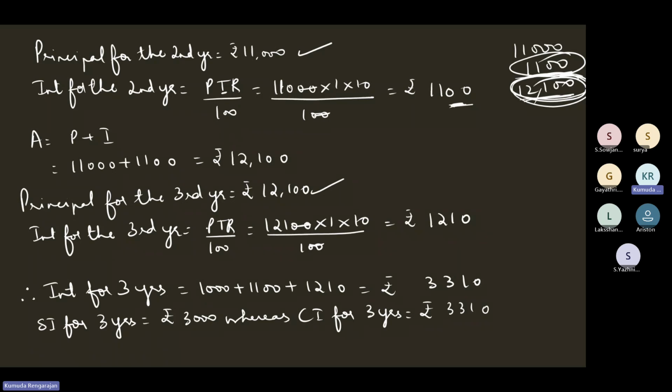Interest for the third year, PTR by 100, principal is 12,100, time is 1 year, because for the third year, for that 1 year, into 10% by 100. So when you work this, you get 1,210. So now let's calculate only the interest values we have got.